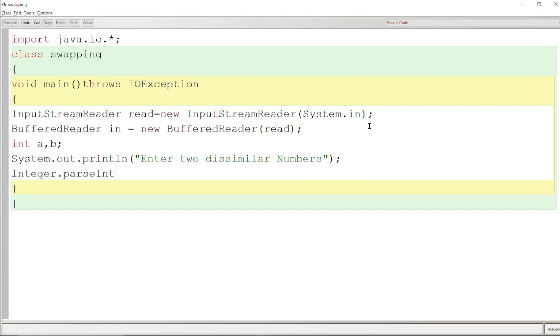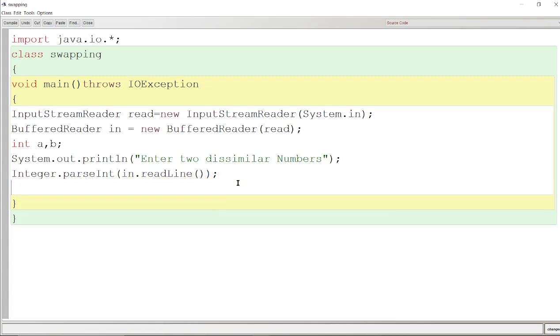Integer.parseInt, and inside that in.readLine. Now just select this, copy, and paste, because I just have to use the similar ones. So now here, B.